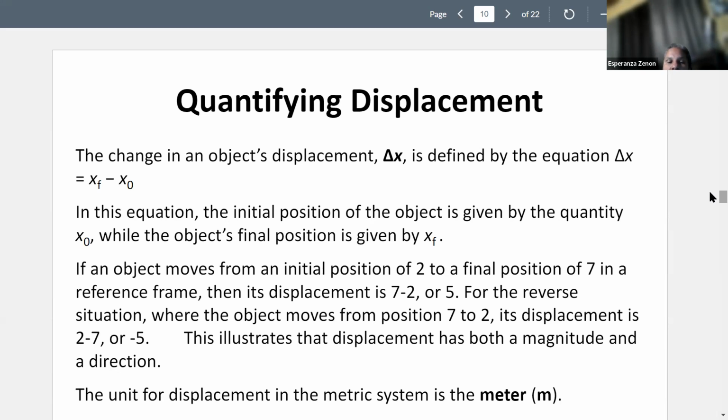Now notice, whether we go from 2 to 7 or 7 to 2, the size is still 5. But if we're going from 7 to 2, then our displacement is -5.